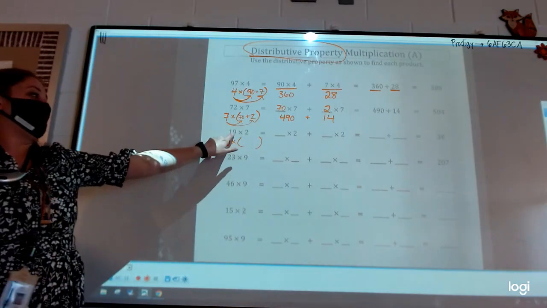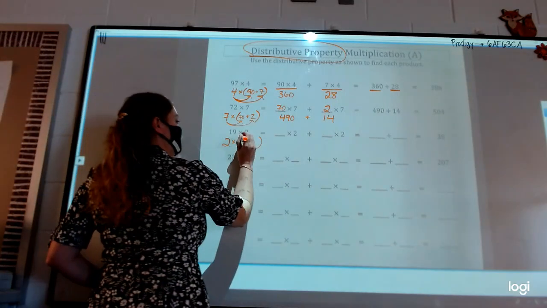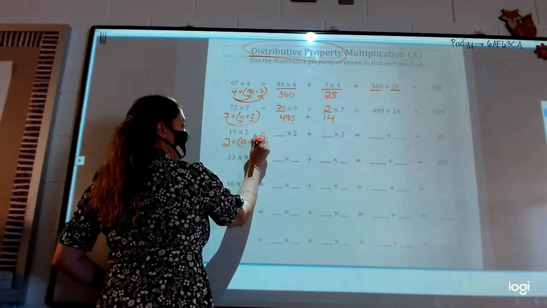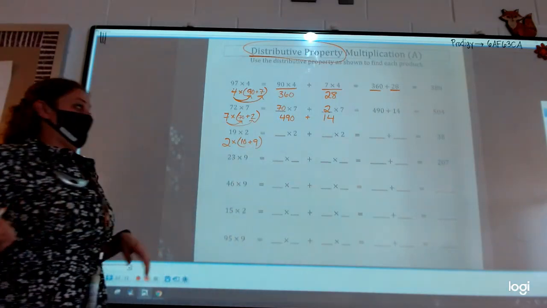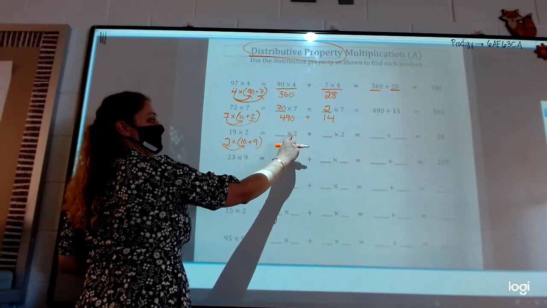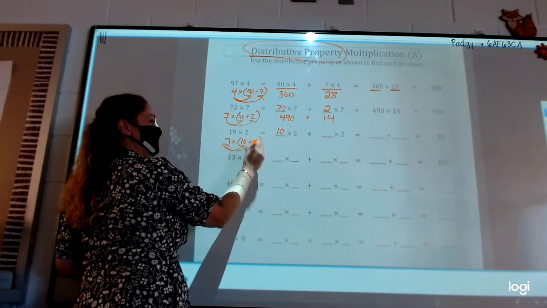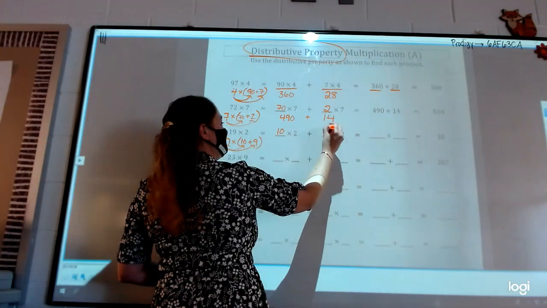The 19, what can I break it up into? Break it into a 10 and then a 9. Good. So we're all starting to get the hang of the 10s. The 10s really help. All right. So the first step, we know 2 times 10. Our second step will be 2 times 9.